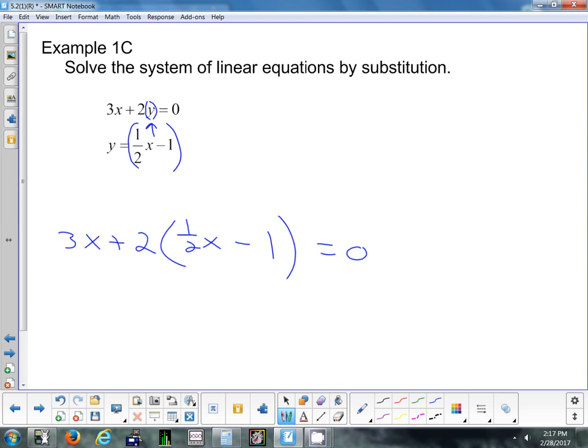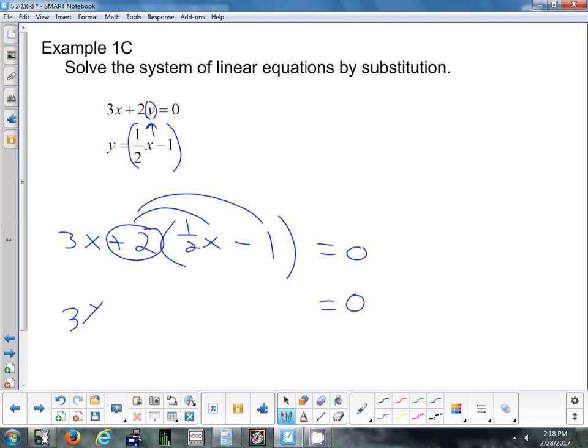Okay. Now, what property do you pretty much always have to do next if you have a number in front of the parentheses? You always have to distribute. Okay. And what am I distributing this time? A positive 2. Okay, so we'll do that out and see what we get.